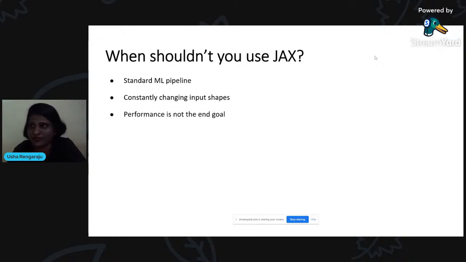And if performance is not your end goal, then you can just stick to your existing pipeline. You don't have to convert to JAX. So depending on what your goals are, you will have to decide if you want to choose JAX or not. JAX may not be for everyone. It's very specific to your use case, and so you will have to make a call on whether you want to use it or not.